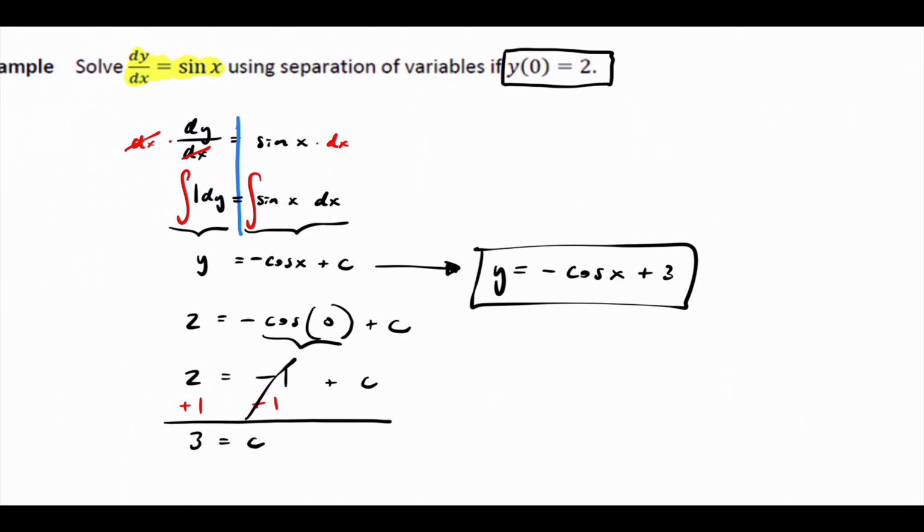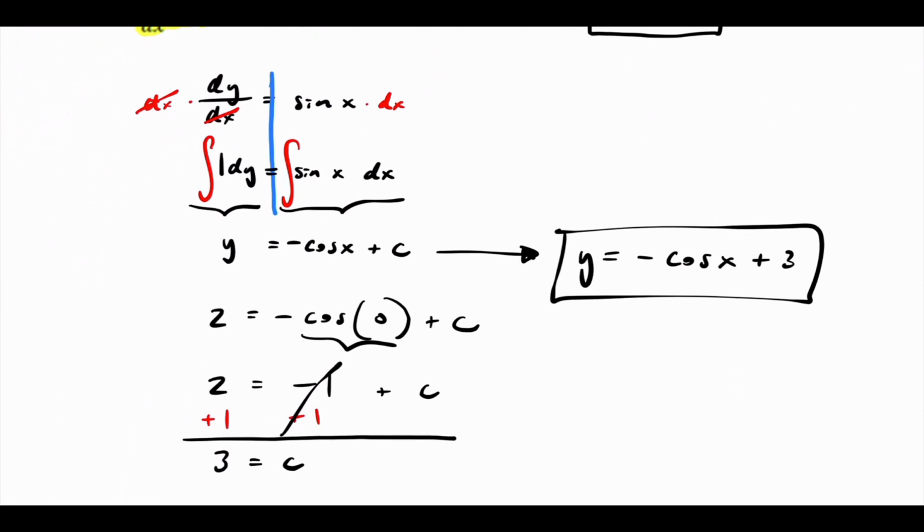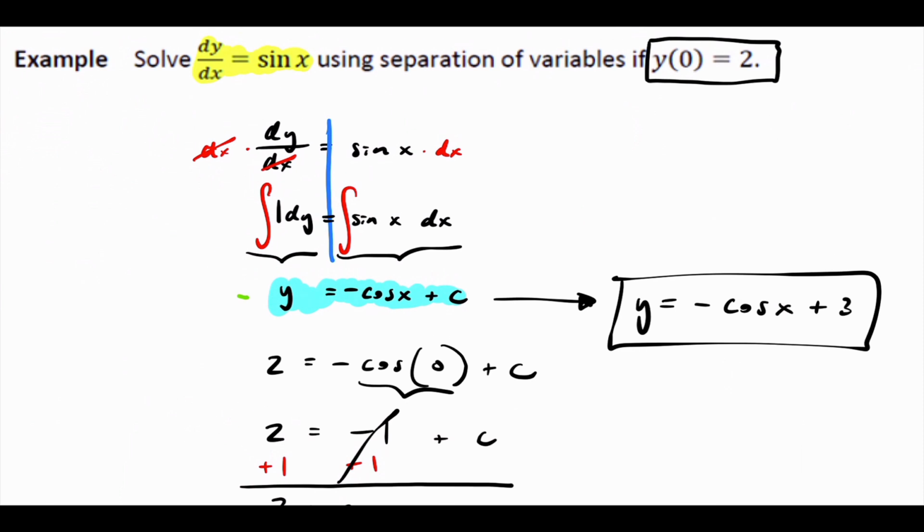So they're going to ask you for 2 separate things. First thing they're going to ask you for, because I'm going to highlight these and show you how they're different. This is what we call a general solution. It is the answer, but it's the general solution. General meaning it could work for a lot of different things.